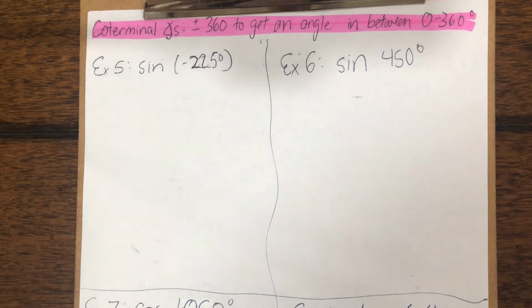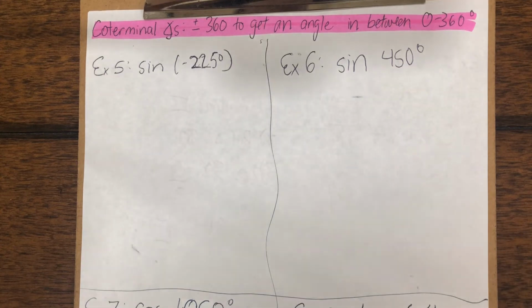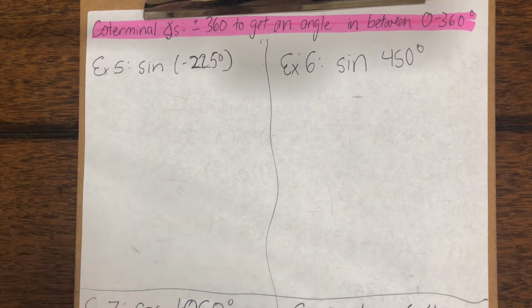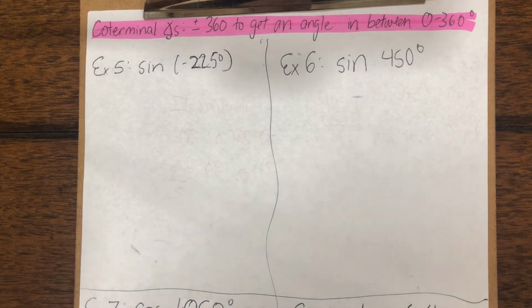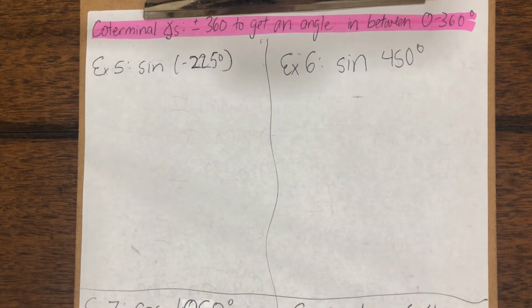Now before that, I want to take a look at coterminal angles. We refer to angles as coterminal if they share the same spot in the unit circle, meaning they share the same terminal side of the angle measurement.